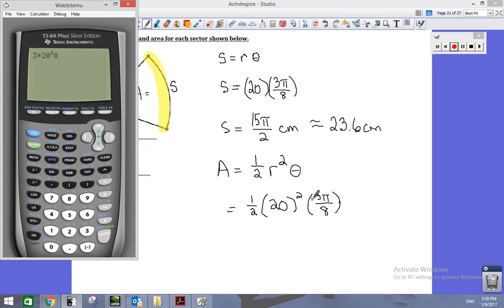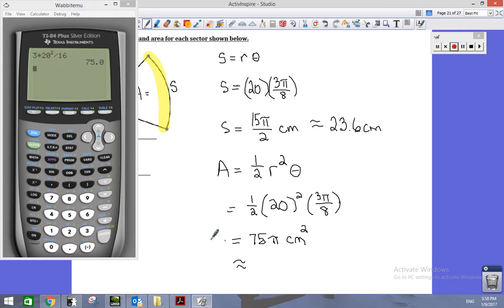There we go. 3 times 20 squared. I don't want to worry about the pi. Divided by, well, 2 times 8 is 16. 75. So don't forget my pi. 75 times pi. And area has square units, and if the units are centimeters, square centimeters.